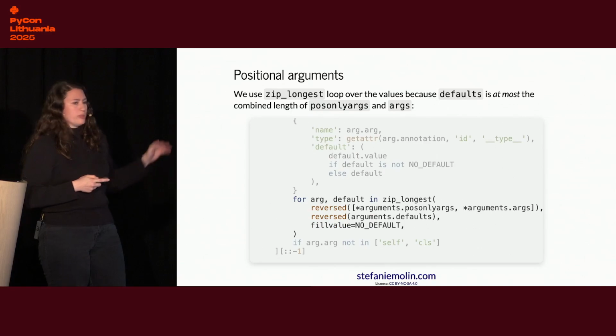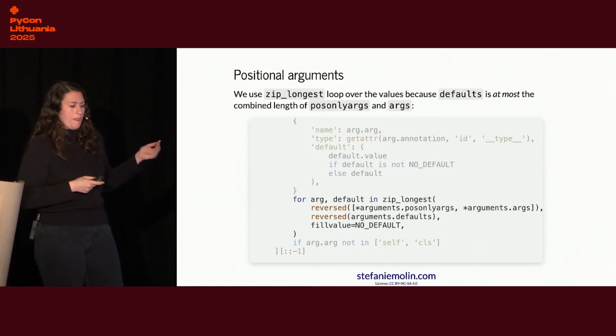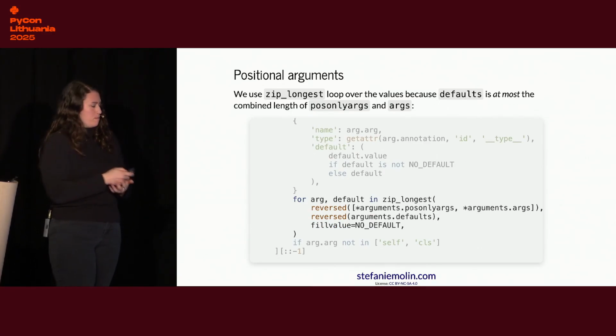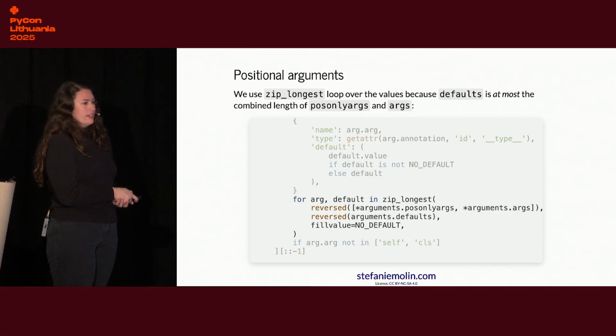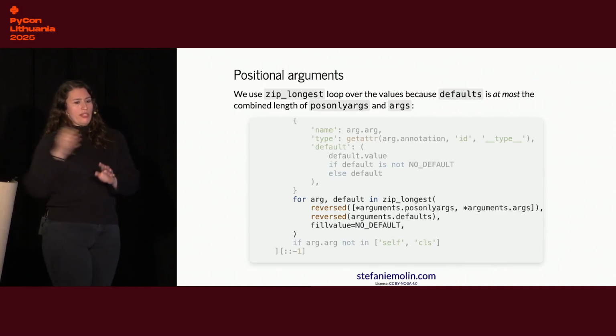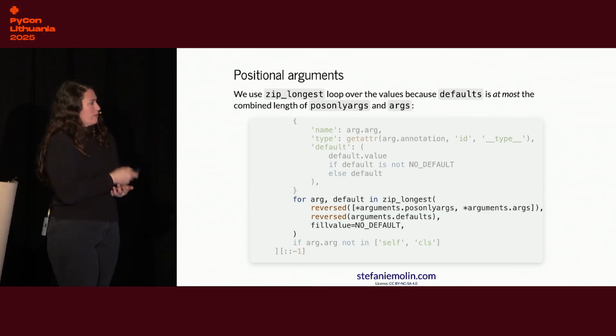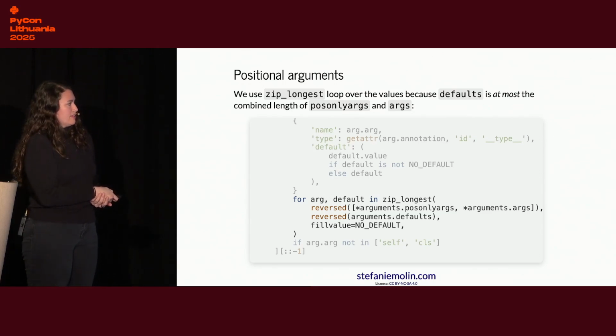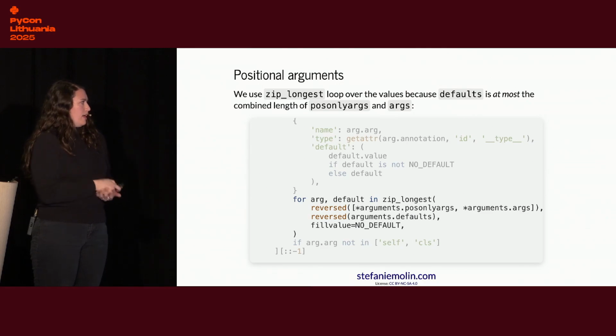Then for our loop in the list comprehension, we are going to combine both the pos-only args and the args into a single list, and then we're going to reverse it, because we know that from the end, the defaults exist, and then they run out at some point. So we're reversing both that and then the defaults. So those are together. And we're using zip_longest from itertools.